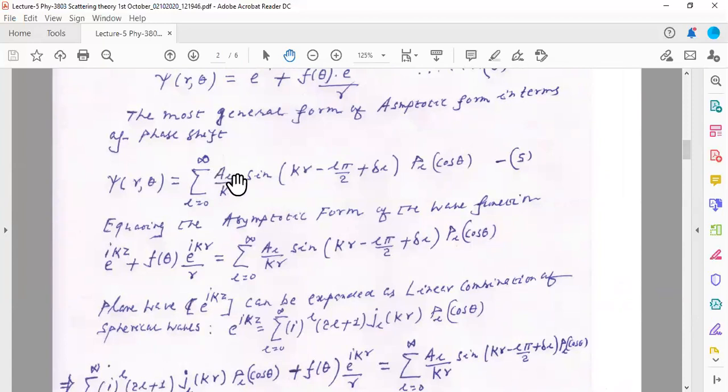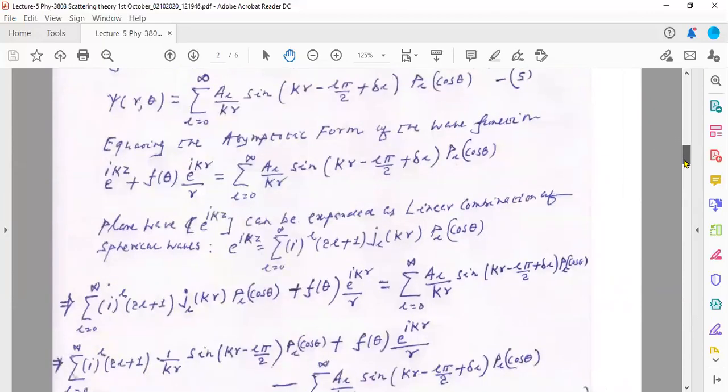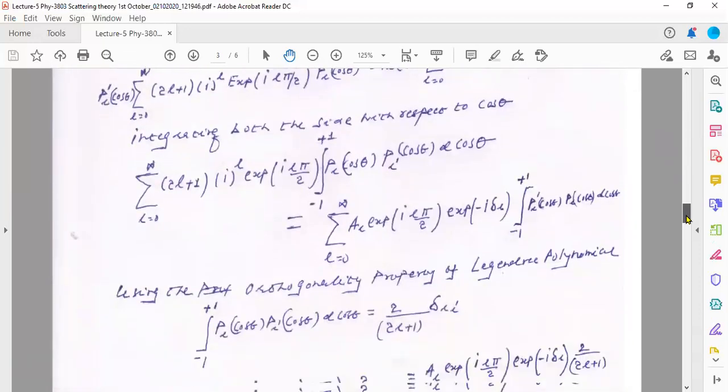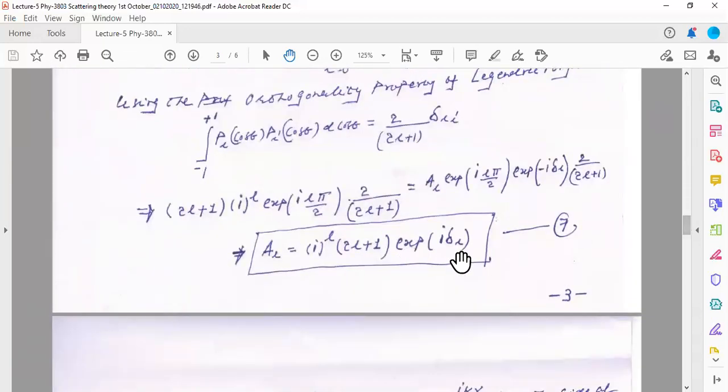So we have calculated the value of A_l, right? The most general form of the asymptotic terms in terms of phase shift when a particle experiences a potential, that equation is known to you. So that part we wrote here, and you see this equation, and ultimately we got the value of A_l.